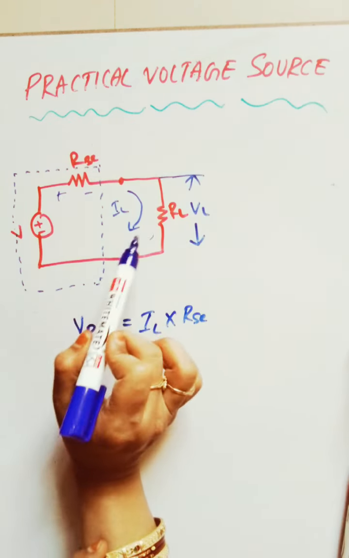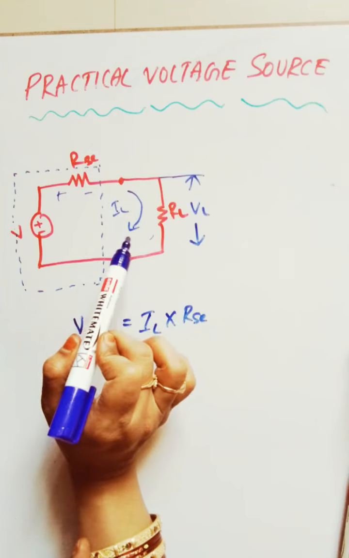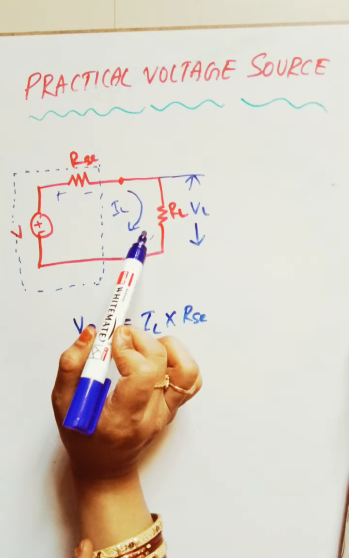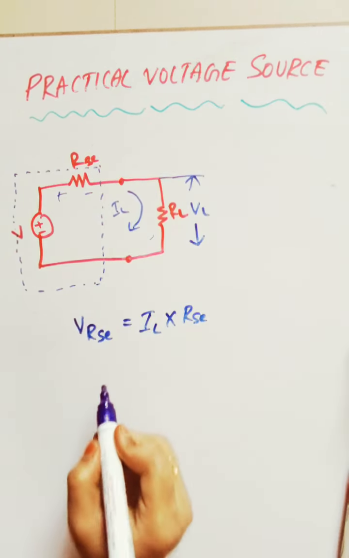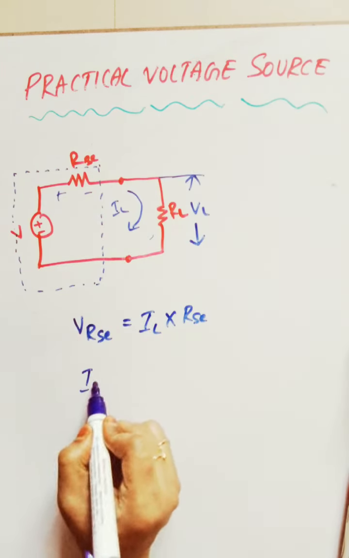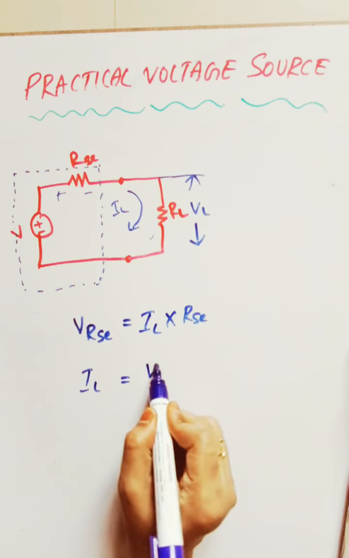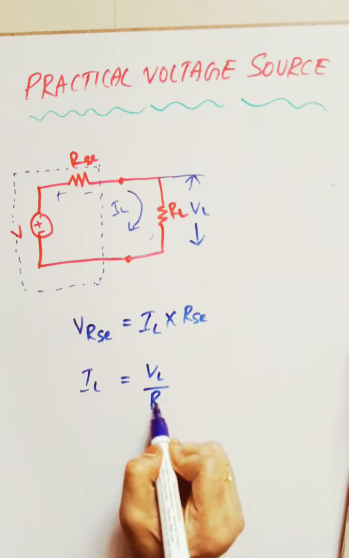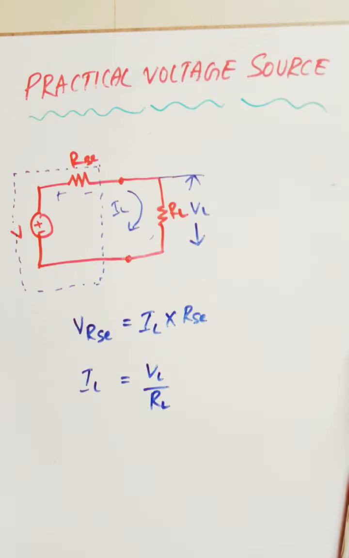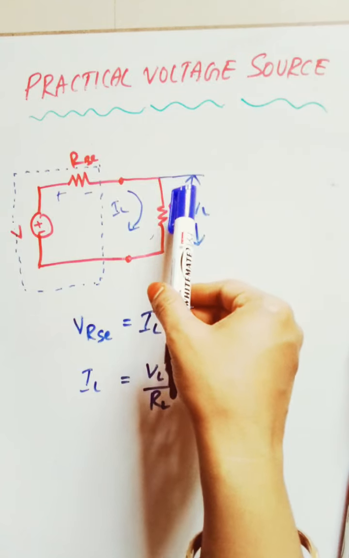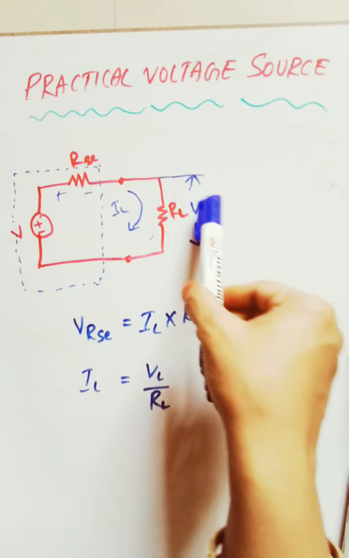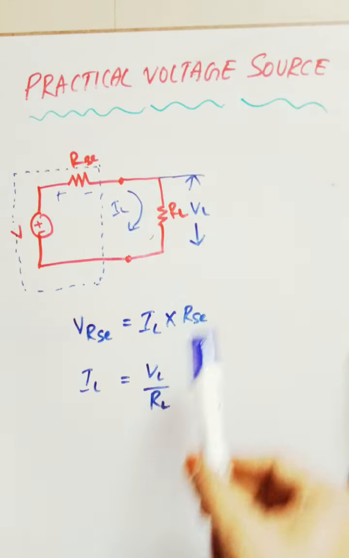This IL value will give rise to a voltage across the load resistor. IL is equal to VL divided by RL.